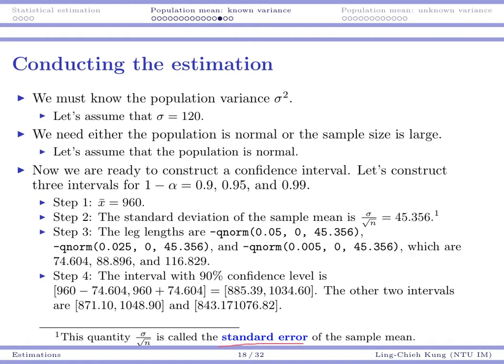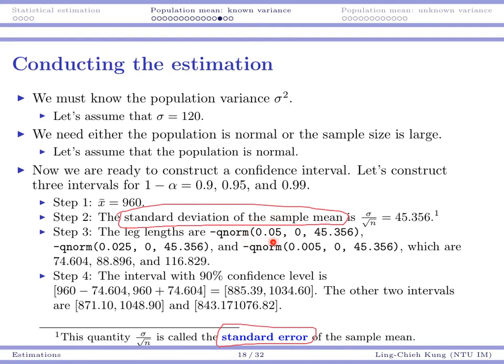Standard error is just the standard deviation of the sample mean. So now we have these two numbers. Then we can calculate the lag length. The lag length should be calculated like this, or this, just as we mentioned in the previous slides.